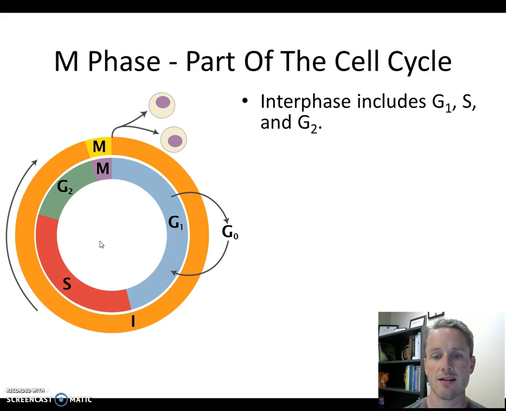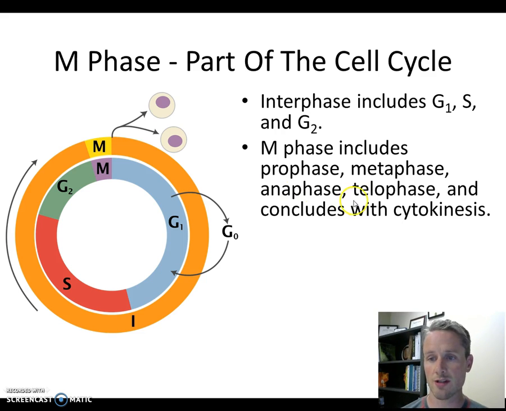And interphase includes three parts. We refer to them as G1, S, and G2. We'll talk more about those steps and what's going on during them another time. Again, today we're going to pay attention to M phase, this one small part of the cell cycle. That part of the cell cycle, M phase, is broken into its own steps.